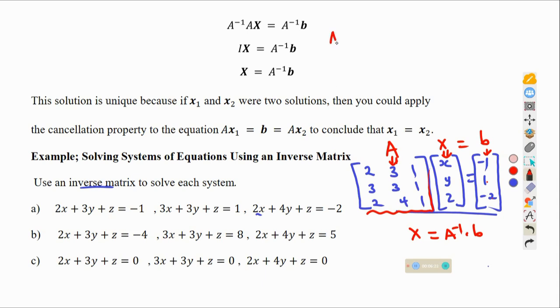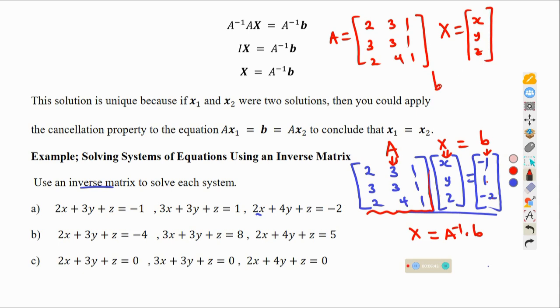So in other words, A is representing 2, 3, 1, 3, 3, 1, 2, 4, 1. X is representing x, y, and z. Then B is representing -1, 1, and -2. And we are saying the solution is given by this: x, y, z will be equal to A inverse times B.